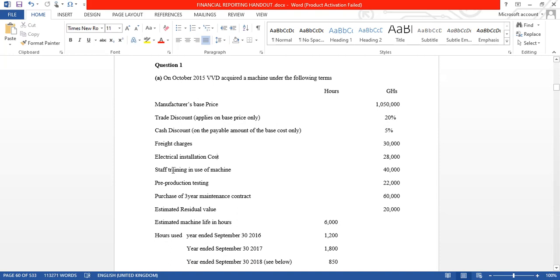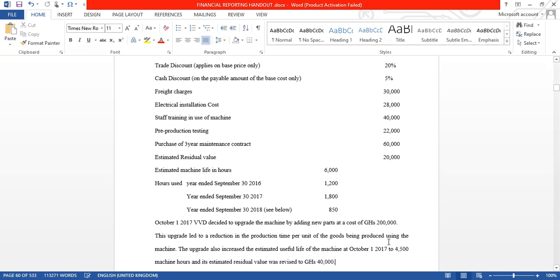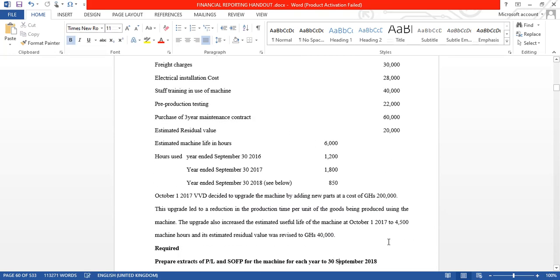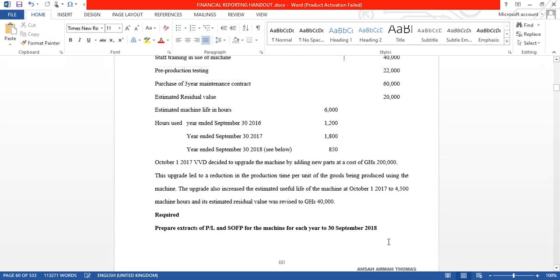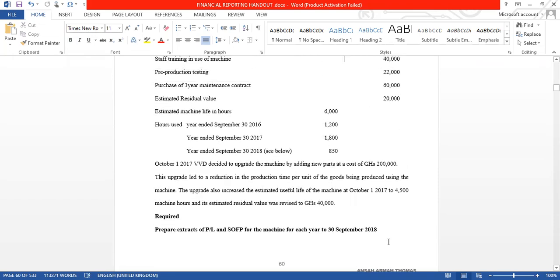We have the estimated residual values of the assets given below, and the machine life of the asset. The story continued to say that in October 2017, VVD decided to upgrade the machine by adding a new part costing 200,000 to it.